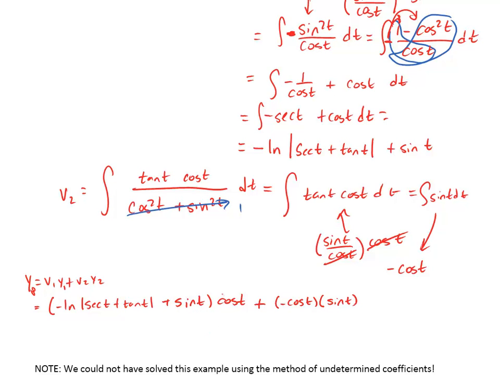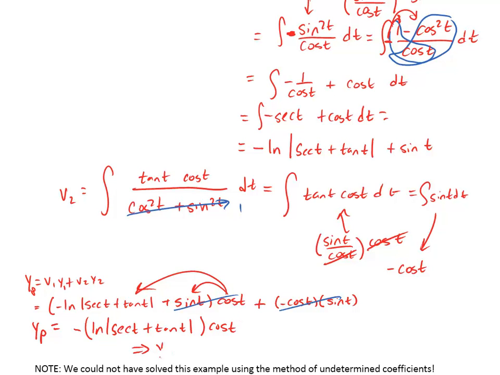And what you should notice is if you distribute this cosine to each one of these, this second one cancels out with this one. And what you're left with is y sub p is equal to the negative natural log of secant of t plus tangent of t, all times cosine of t.